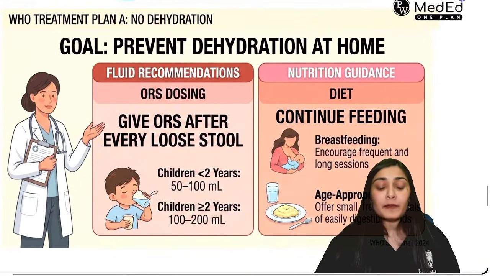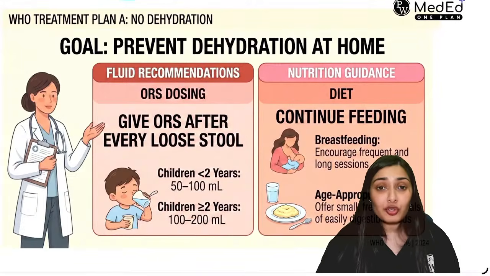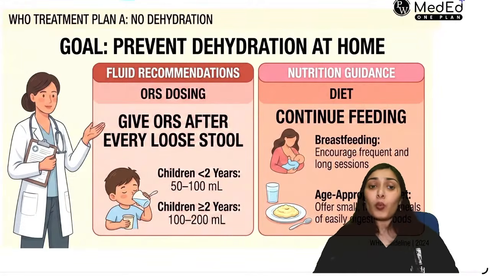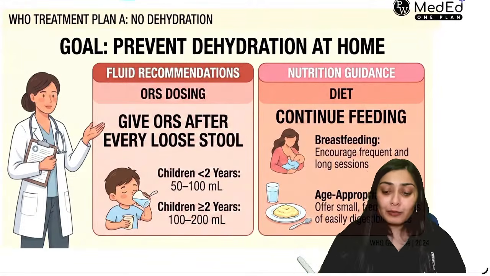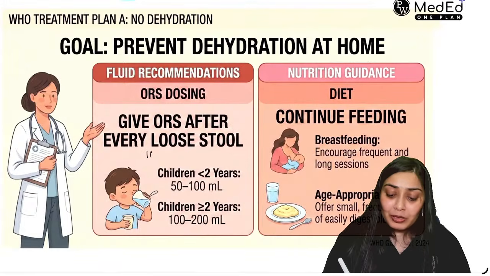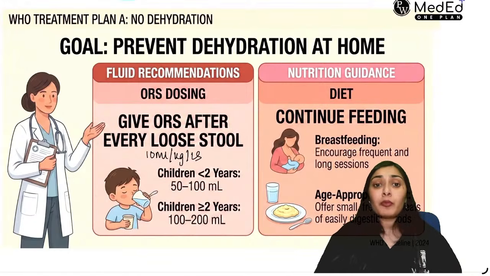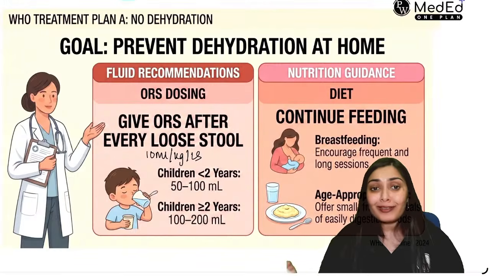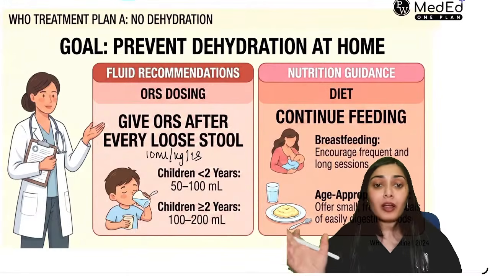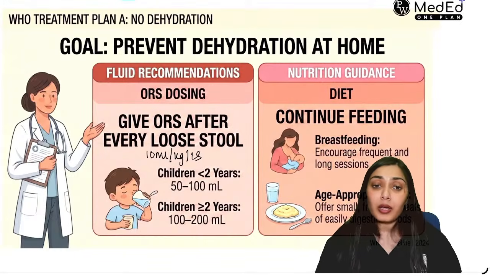Let's start with plan A, that is no dehydration. So here we give ORS. What is the dose? Usually, as a broad rule, 10 ml per kg per loose stool, right? But broadly, if the child is less than 2 years of age, you give 50 to 100 ml per loose stool, and after that 100 to 200 ml, or as much as the child wants to drink, per loose stool, right?